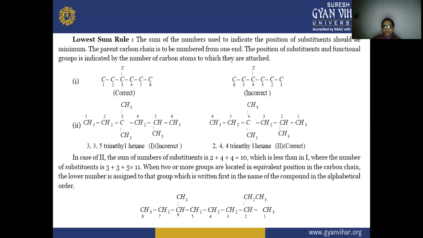Next is the lowest sum rule. Here the sum of the numbers used to indicate the position of the substituents should be minimum. The parent carbon chain is to be numbered from one end.